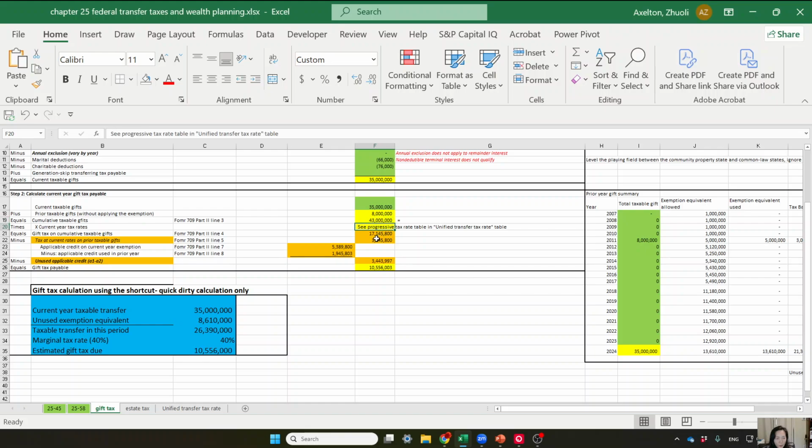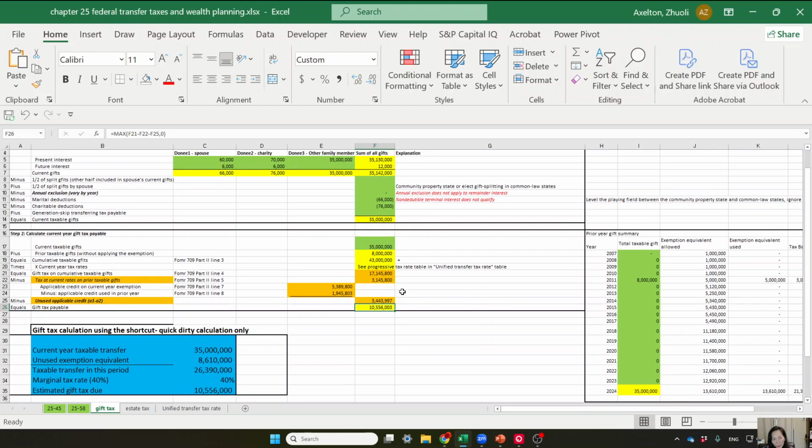Then we're going to calculate the tax based on the transfer tax rate table. And then we're going to apply any applicable credit, and then we can reduce the gift tax payable. So basically, any tax incurred on the prior year taxable gifts plus any unused applicable credit will reduce the tax payable on the gift tax, to get to the final gift tax due for the current year.